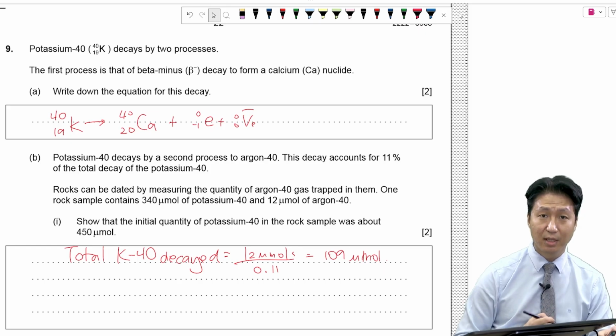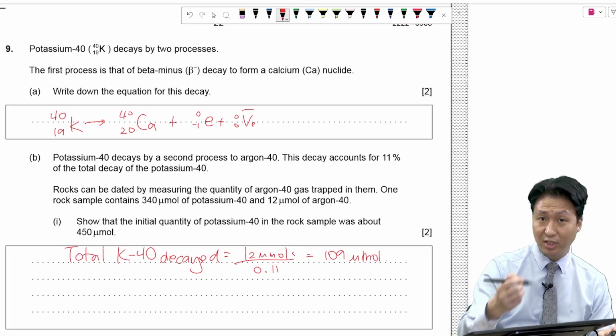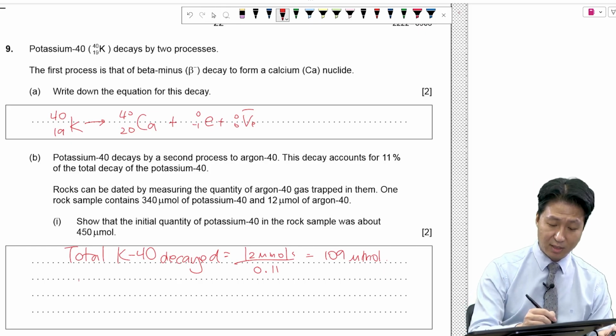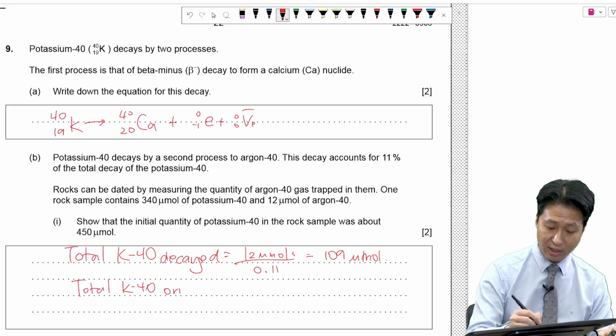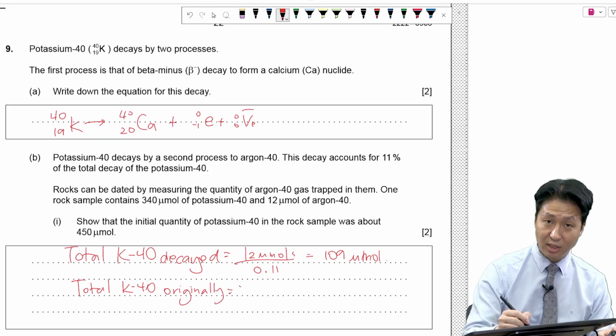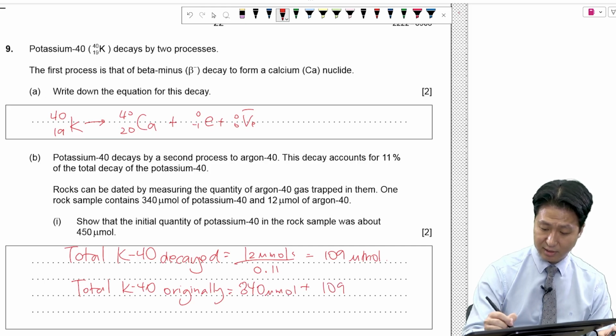So the total K-40 that was originally there would be the amount that we have right now, which is 340 micromoles, plus the 109 micromoles, which would be 449 micromoles.